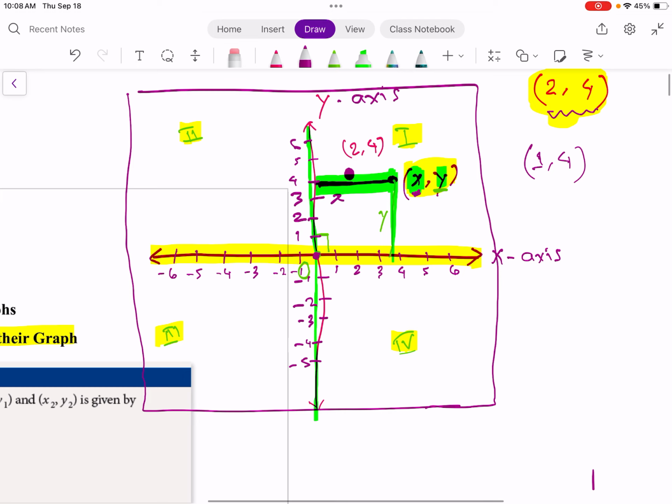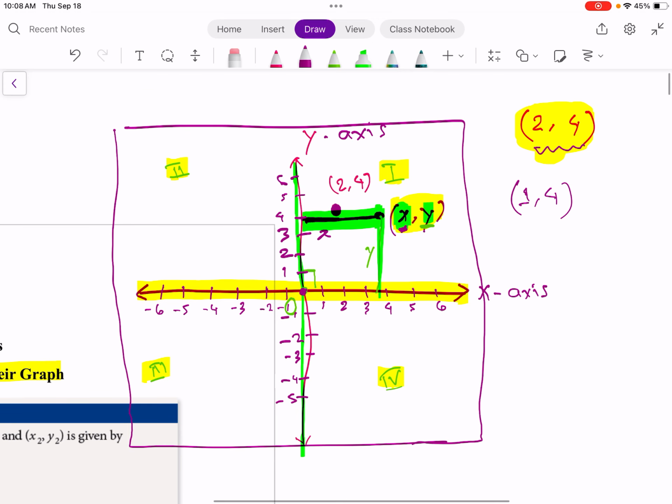This is something you have already seen, right? Is this something new for you? No. Okay, now if you are asked to plot the point (1, 4), what does this mean for that point? How far is this point from the x-axis?